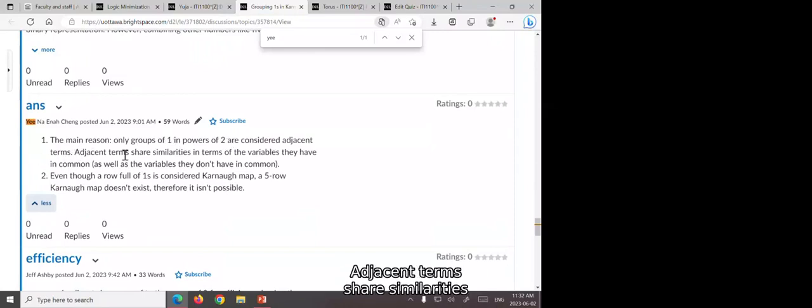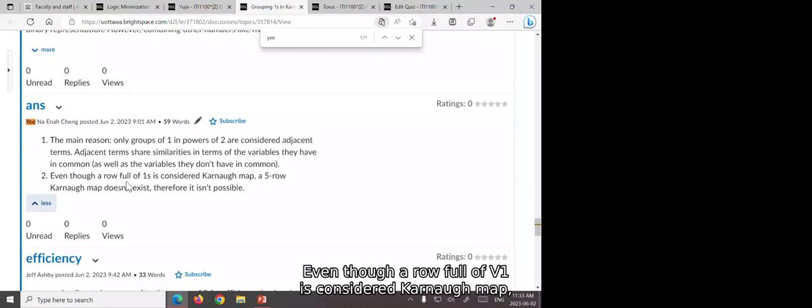Adjacent terms share similarities in terms of the variables they have in common. Very good. Because if you put, for example, 5 ones, then they don't have common terms, and we cannot make it simpler. But if they are 4 or 16 adjacent, then they are good.